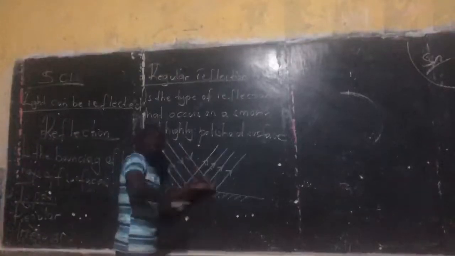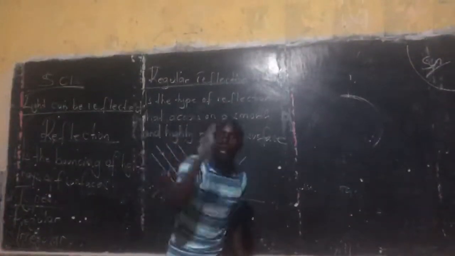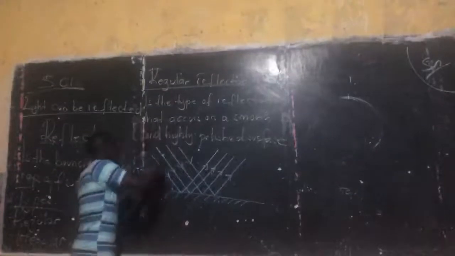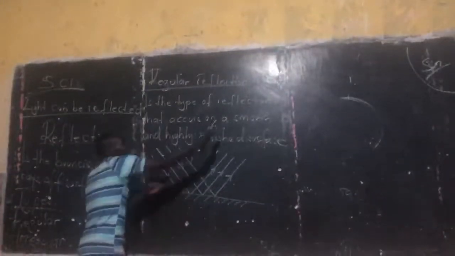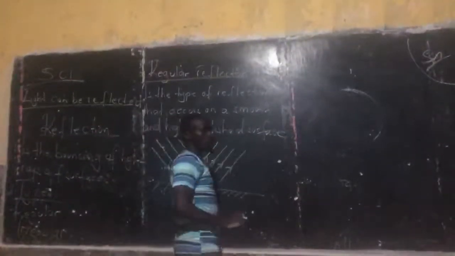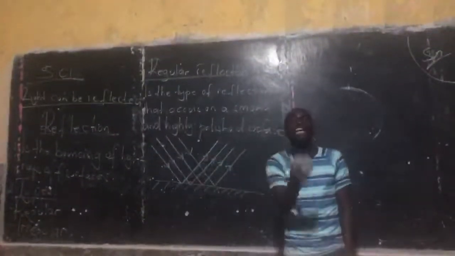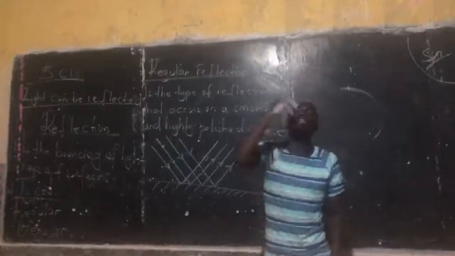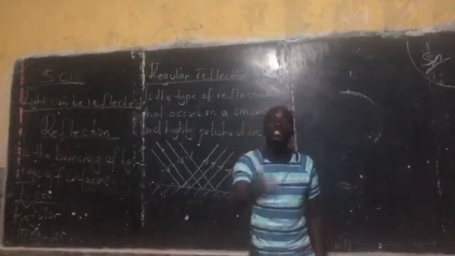When a parallel beam of light hits it, it goes back as a parallel beam of light. The light rays stay parallel. So a regular reflection is the type of reflection that occurs on a smooth and highly polished surface.